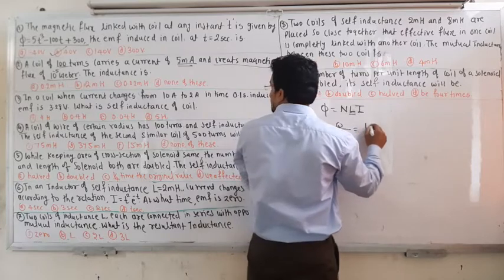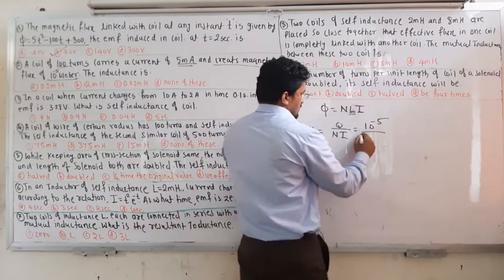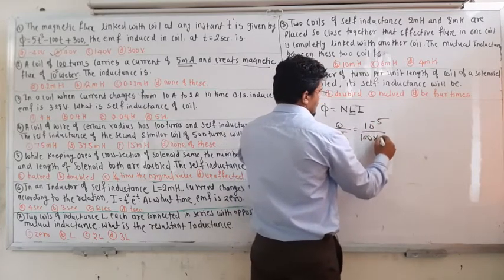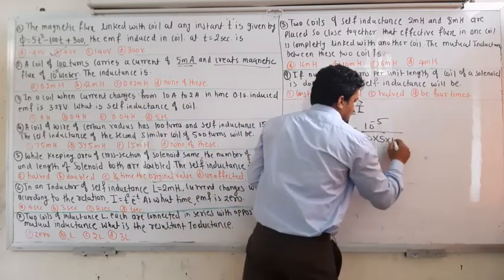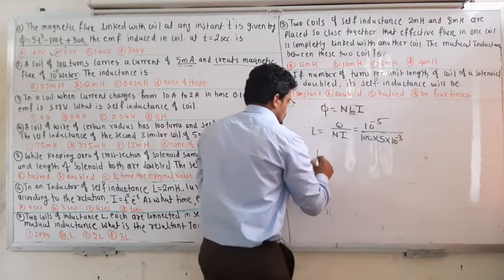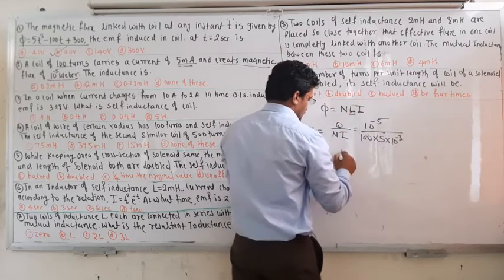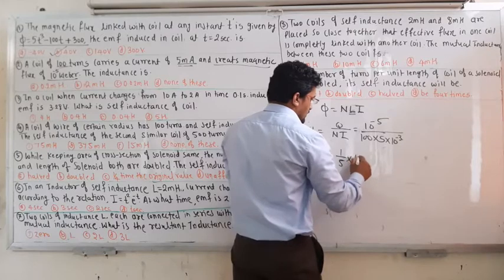So phi is 10 to the power of minus 5, N is 100 turns, and I is 5 milliampere, which can be written as 5 times 10 to the power of minus 3 ampere. If you solve this, L becomes 1 upon 5 multiplied by 10 to the power of minus 5.